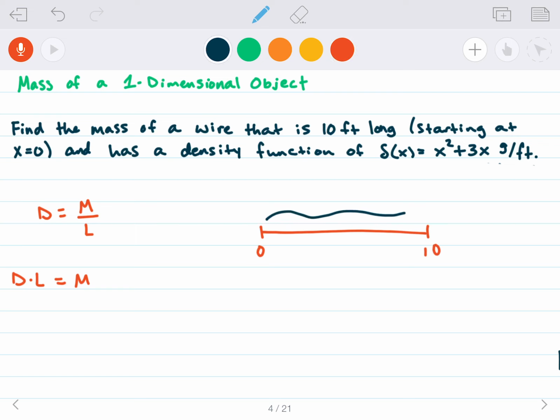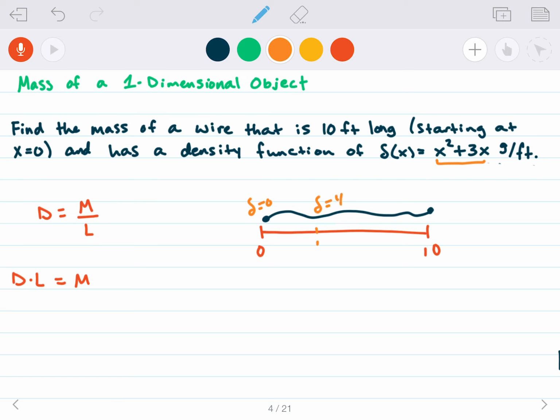And so maybe we have this thing right here, this wire with no thickness. And the density of the wire is varying because it's a function. So for instance, at x equals 0, the density is 0, right? Not dense. When x equals 1, if we plug in 1 into the density function, we get that the density is 4, right?